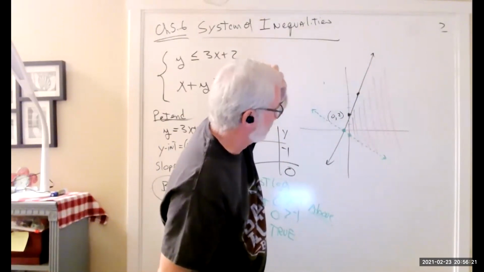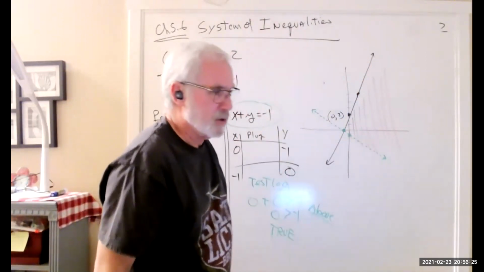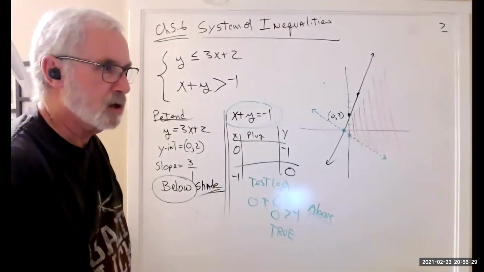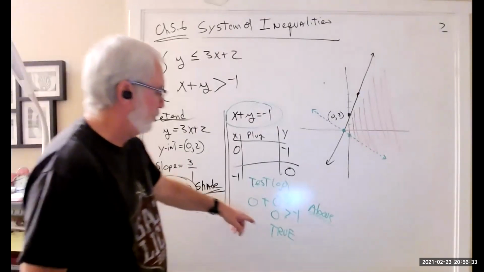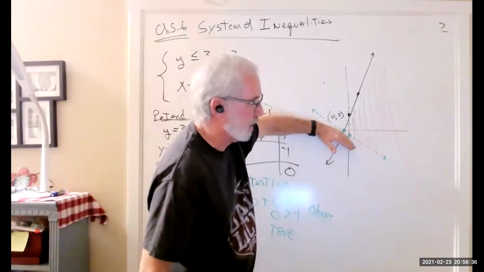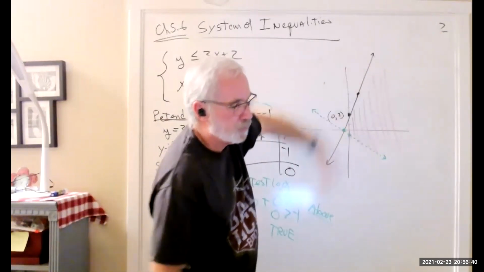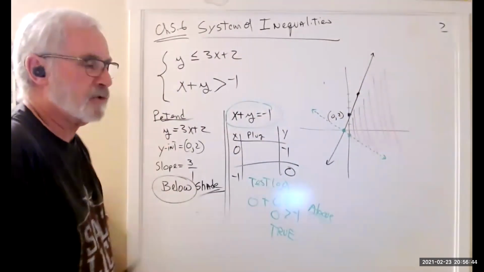If it was false, you would have shaded under. Your test point is a wonderful tool because you can't go wrong. You shade where truth goes. So truth is relative to the line. If above was true, you shade up. If above was false, you shade down. But it's going to be different on every single line.